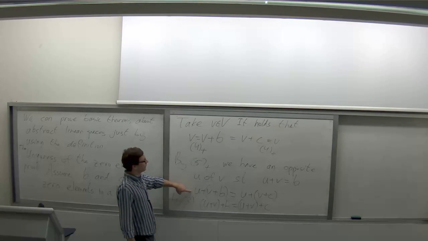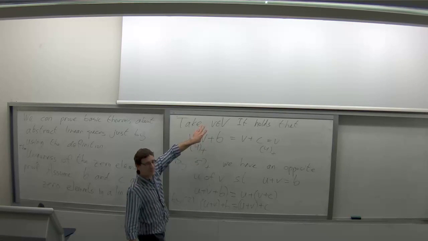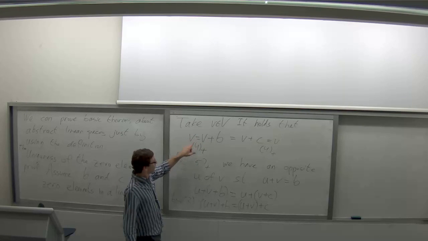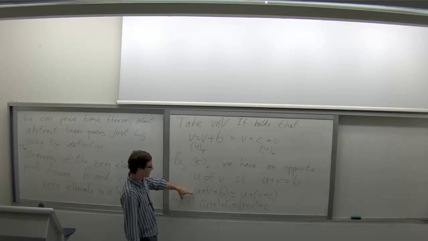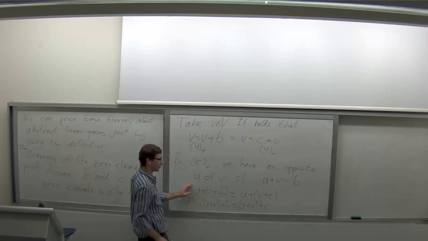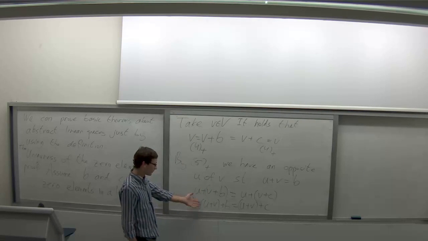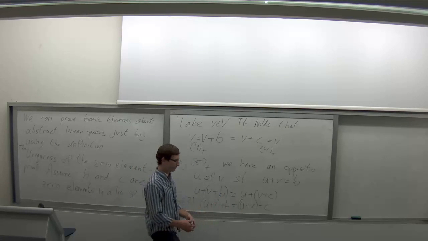But I don't know how to insert something to the middle. You want to put it here and then use commutativity? It doesn't matter. U is here. Even if you want commutativity, you have to first of all have this summation, and only then can you commute them. Okay? But we don't need to commute them. This is B, and this is B.